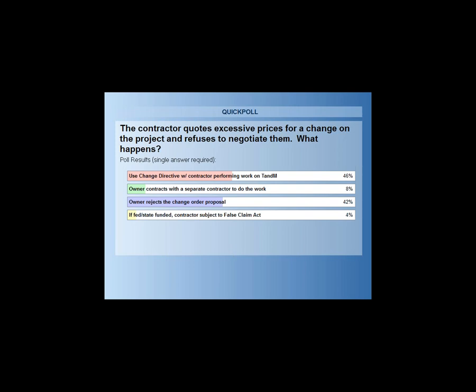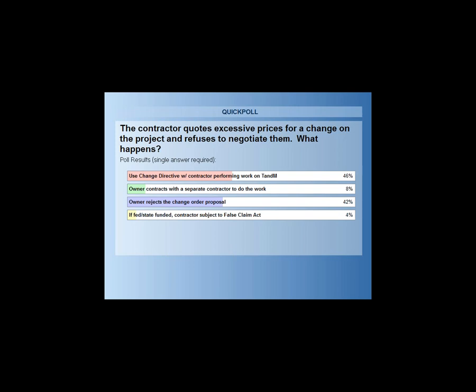If you've got a contractor that is purposefully inflating his cost on change orders, just because it's being done T&M does not mean that he's not going to purposefully inflate the T&M charges as well. So you still have to do your due diligence there.